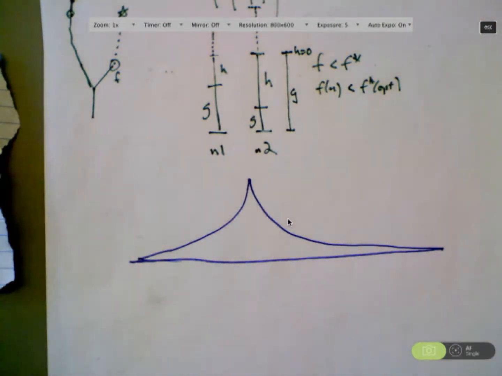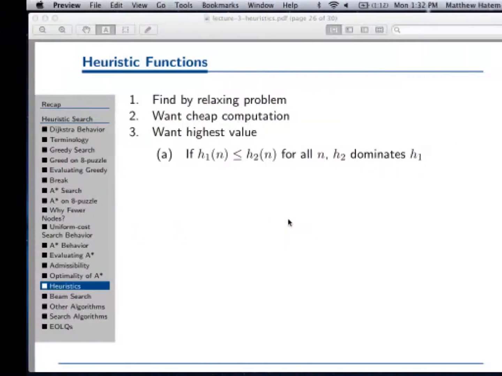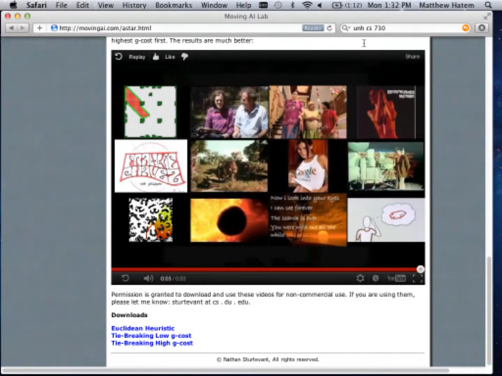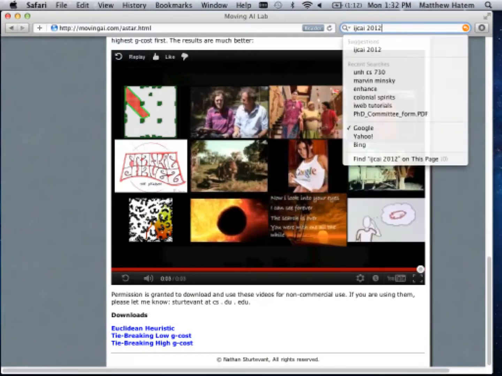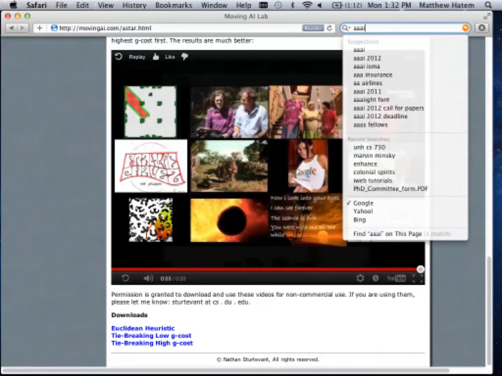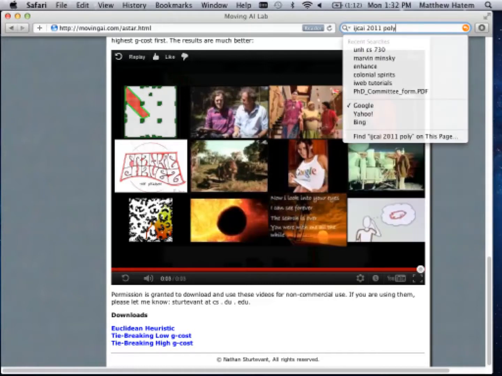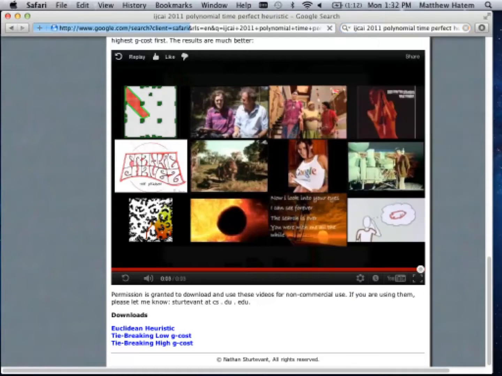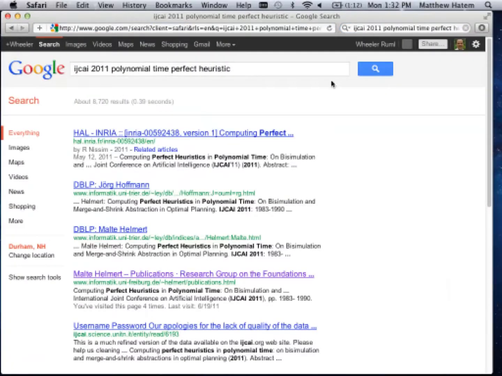Is it ever possible to get close to the optimal heuristic? Yes. Actually, it was IJCAI: computing perfect heuristics in polynomial time.